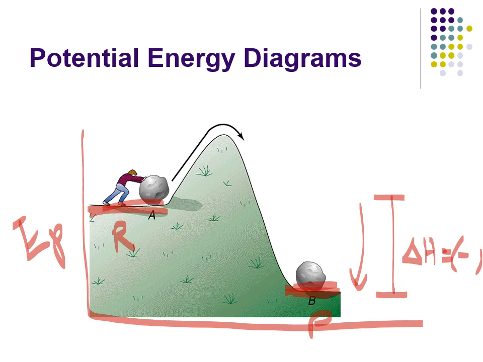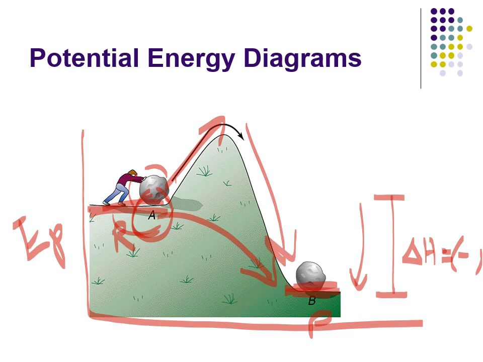This is what we've seen before for an exothermic reaction, but what we need to realize is that on the way from the reactants to the products, we've got to break up some bonds that are holding the reactants in their current conformation or current state, whatever they happen to be. So we have to put in some energy. Then we're going to get out some energy after the new bonds or the new attractive forces are forming.